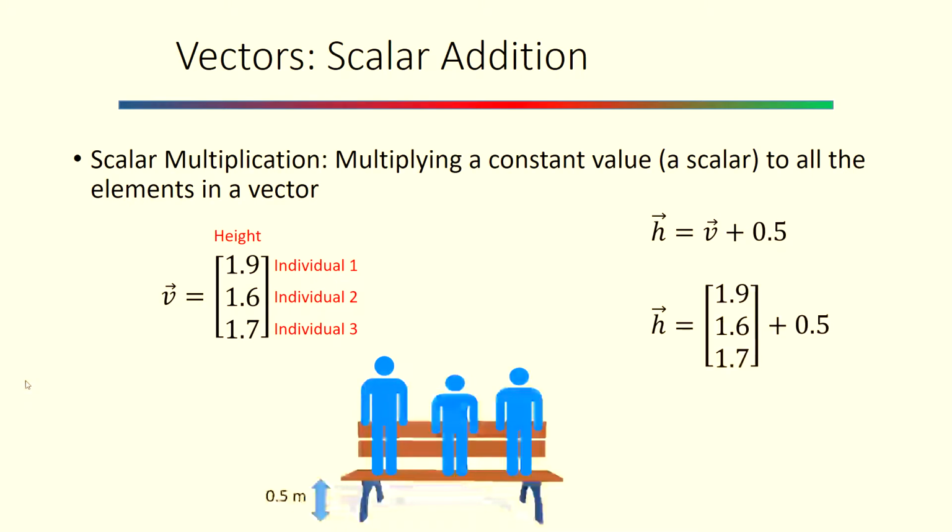Since with scalar addition, we compute the new vector h by adding 0.5 to each of the elements in v, we can see that the new vector h will be equal to 2.4, which is 1.9 plus 0.5, then 2.1, which is 1.6 plus 0.5, then 2.2, which is 1.7 plus 0.5.